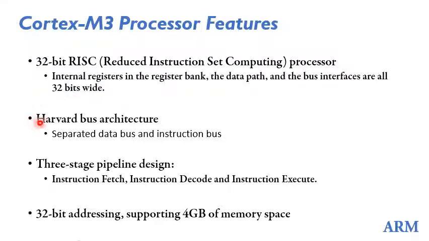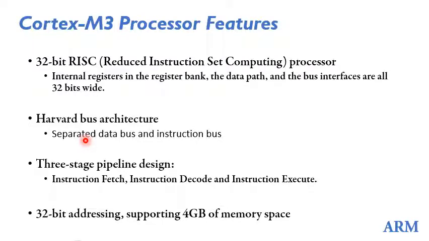Next one is it is having a Harvard bus architecture. In contrast to this, we had von Neumann architecture where we had a single bus for data and instruction. Whereas in Harvard architecture, there are separate buses for data and instruction.